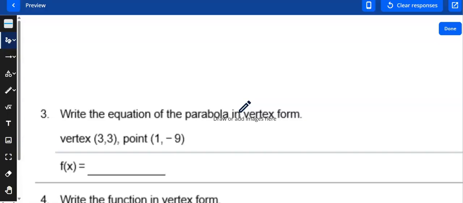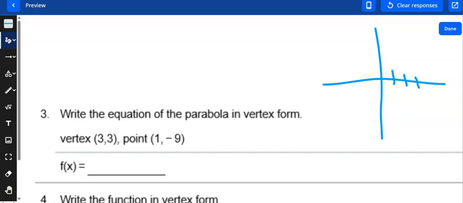Okay, so write the equation in vertex form. This one doesn't have a picture, so I'm going to have to make my own. Over 1, 2, 3, up 3. There's my vertex.